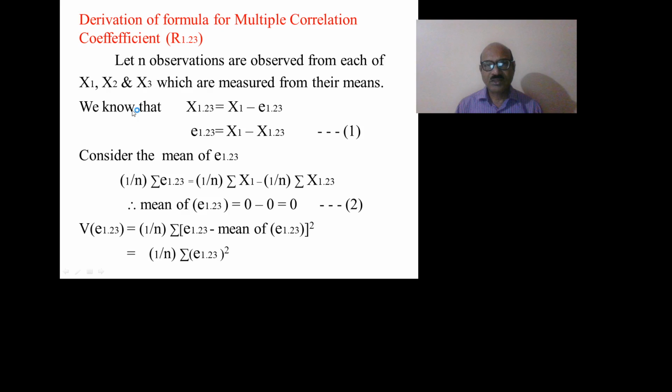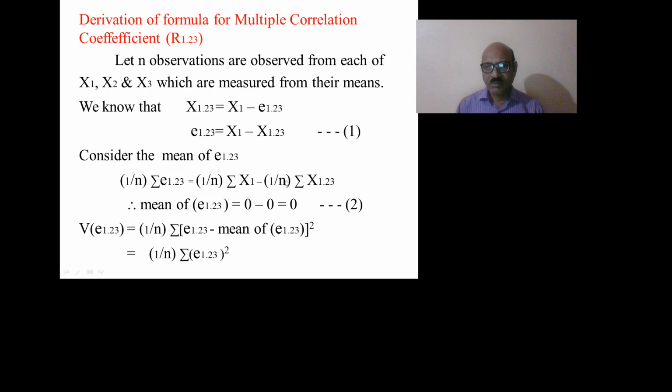Now as we already know, the residual x1.23 is equal to x1 minus E1.23. So by simplification we get E1.23 is equal to x1 minus x1.23, which is your first expression. Now we will consider the mean of this E1.23. Mean means take the sum on both sides and divide by n. So summation of E1.23 divided by n, the right hand side will be summation of x1 divided by n minus summation of x1.23 divided by n.